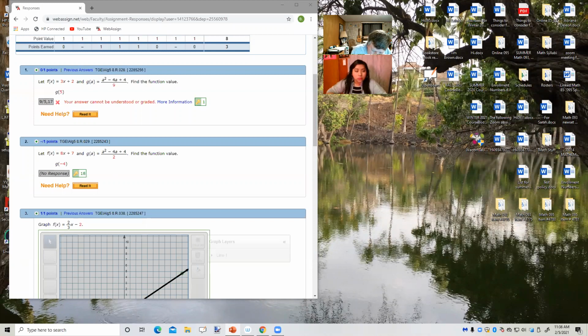We're only going to use the g of a function. We're supposed to find g of 5.